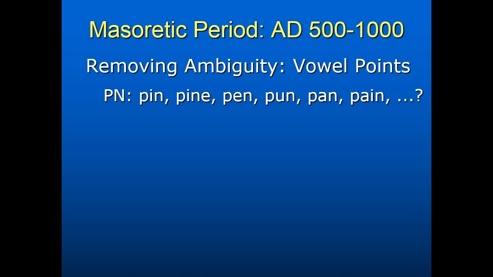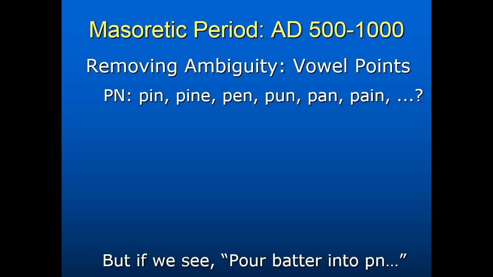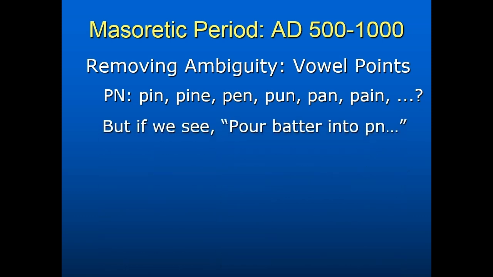Suppose I showed you the word PN. Would that mean pin, pine, pen, pun, pan, pain? We could sort it out with context, of course, as in pour the batter into the PN. But then, English is our language. Jews struggling with just a slight knowledge of Hebrew could be lost.